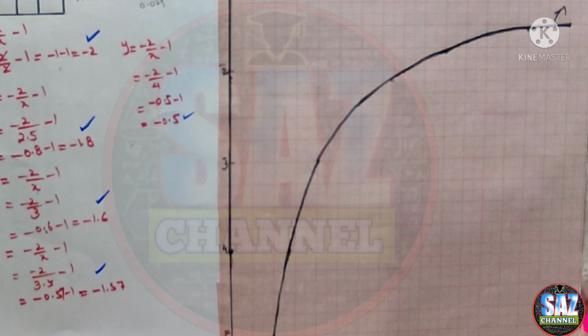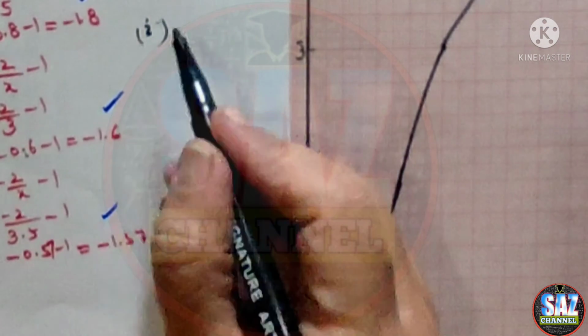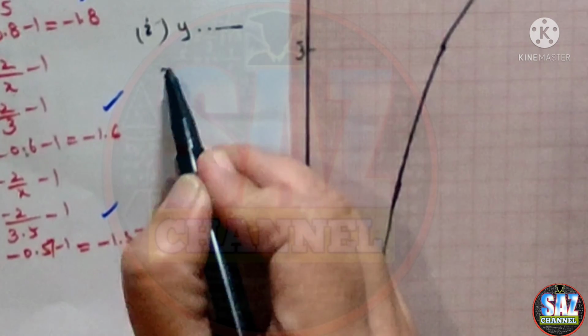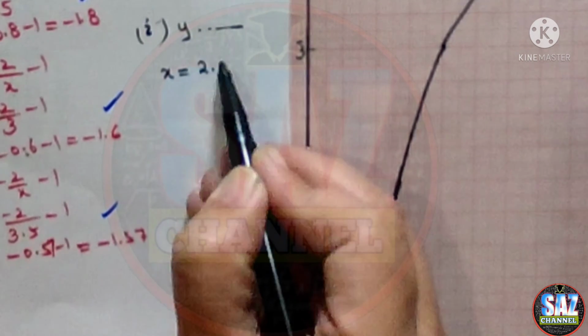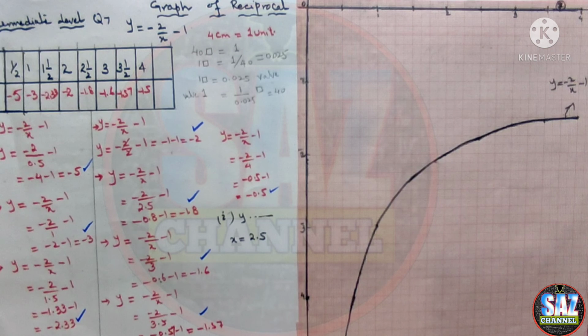Yes, students, we are successful in getting a really smooth curve, and it's time to discuss the next parts. Find the value of y when x is 2.5. So first locate the position of x 2.5.